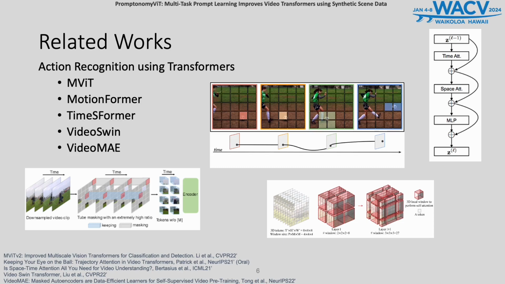For example, TimeSformer does divided space and time, which applies two separate independent attention layers. Motionformer tries to learn trajectories between frames. These architectures are very general and very dynamic, and our work is based on such a concept.